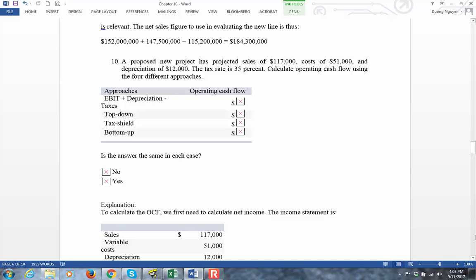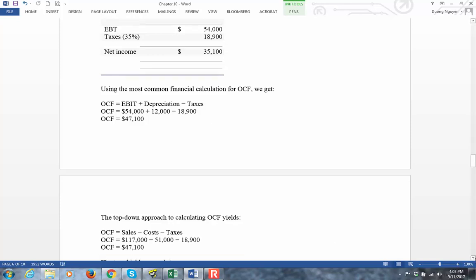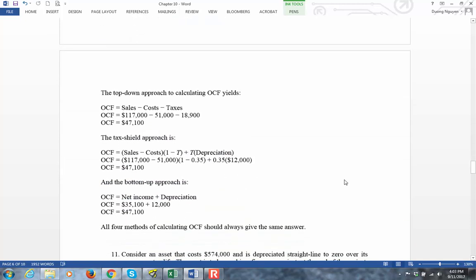If you read the book, you can see that there are 4 different formulas to calculate OCF, but in the end they should give you the same answer. So OCF equals EBIT plus depreciation minus taxes. Another formula is OCF equals sales minus cost minus taxes.